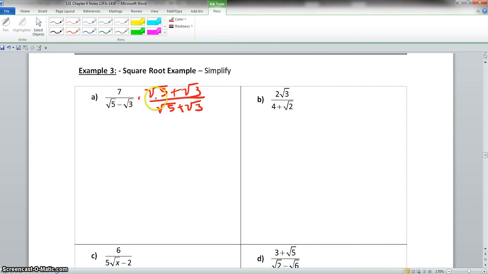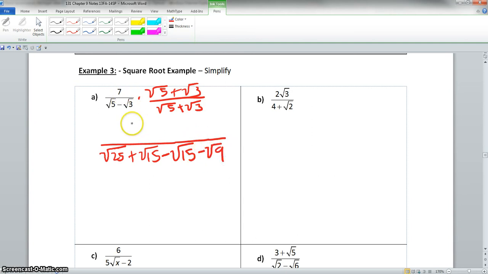So we'll take square root of 5 times square root of 5, which will give us the square root of 25. Square root of 5 times the square root of 3, which will give us a positive square root of 15. Negative square root of 3 times square root of 5 will give us a negative square root of 15.